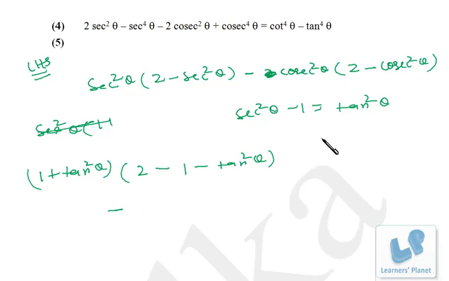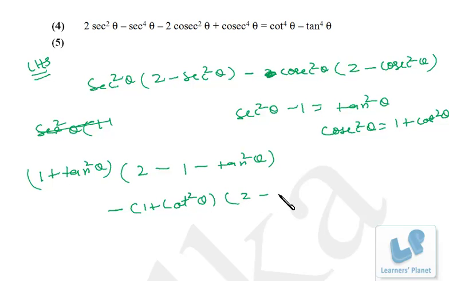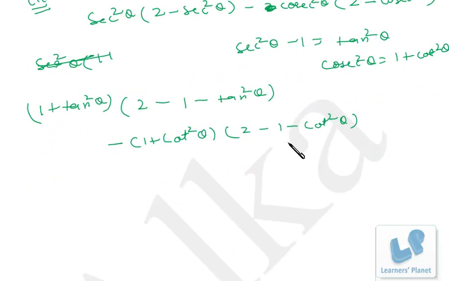Cosec square theta can be written as 1 plus cot square theta. So it's 2 minus, instead of cosec square theta I'm putting 1 plus cot square theta, so the negative sign comes out of the bracket, and the entire terms will be negative.